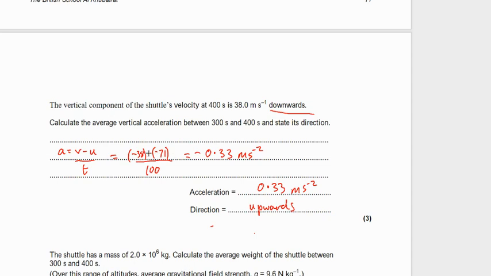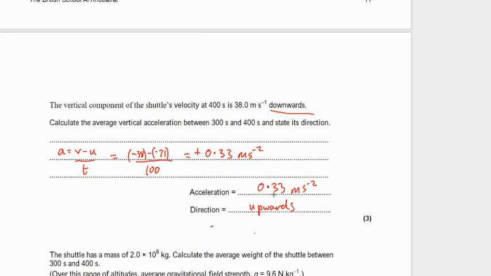Minus 38 minus 71, and I end up with, actually, that is an incorrect point I've done. That's positive, not negative. So minus 38 minus minus 71 over 100, I get plus 0.33 meters per second squared.